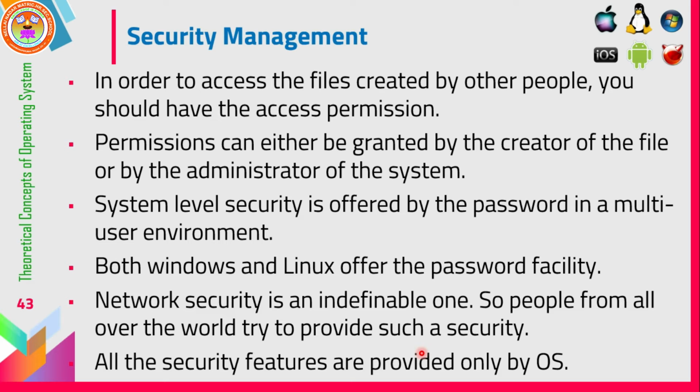People from all over the world try to provide security like that. All the security features are provided only by the OS. Everything will be done by the OS alone. That is what I told in the beginning: the operating system is very, very important to the computer. Understood?